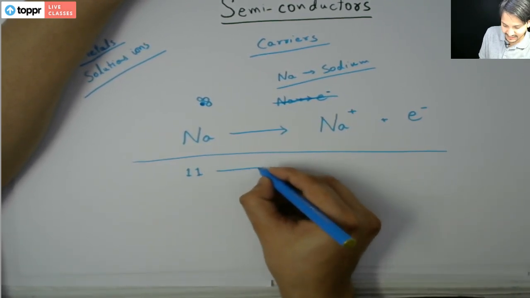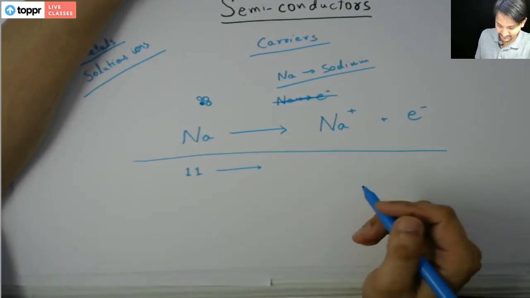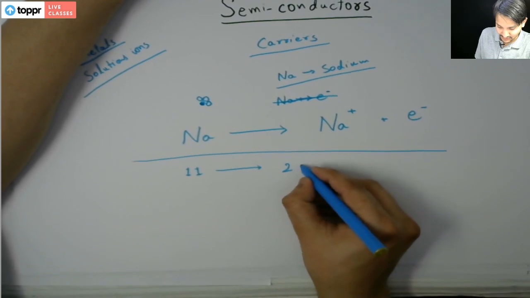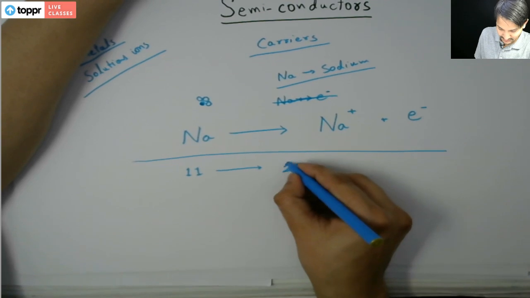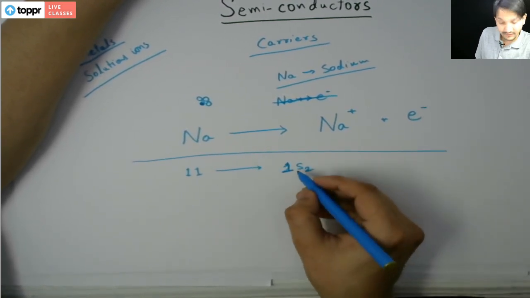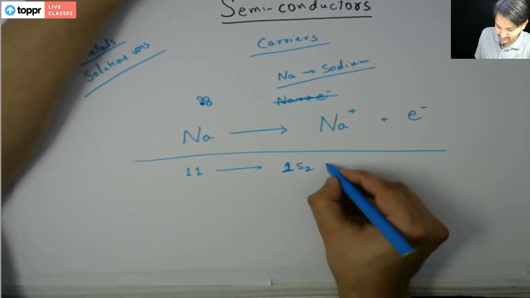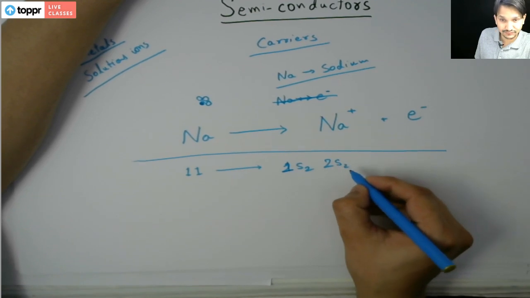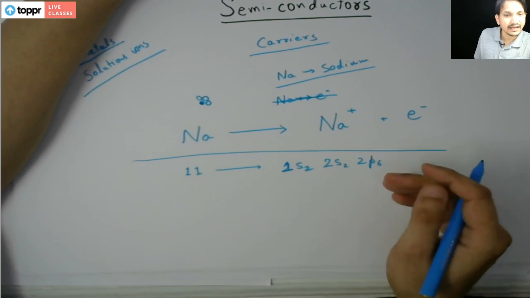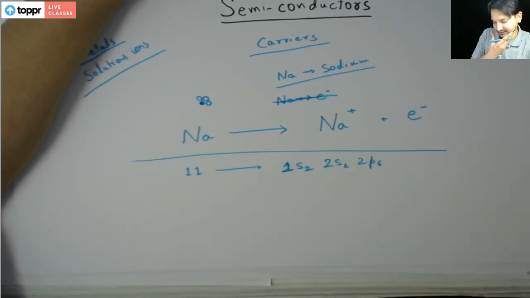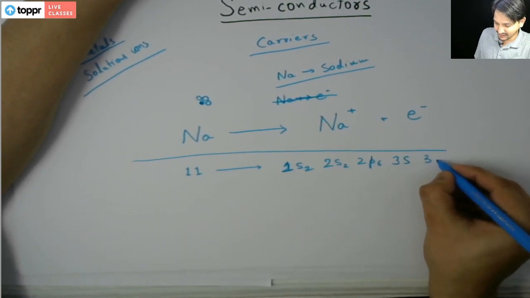If you try to analyze it in terms of electronic configuration, it has 1s2. 1s2 means the first s orbital containing 2 electrons, then 2s2, then 2p6, and then we have a 3s orbital and a 3p orbital.